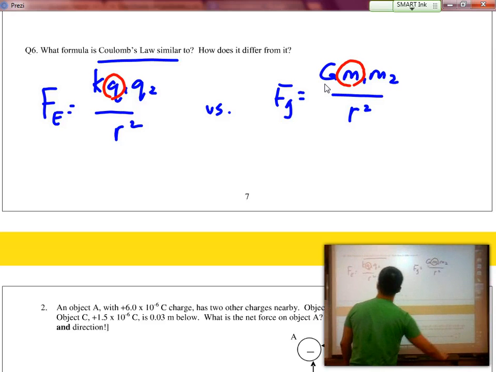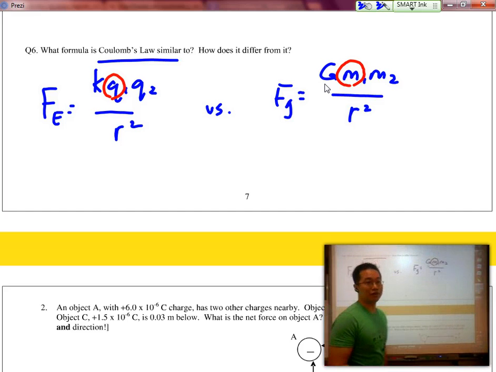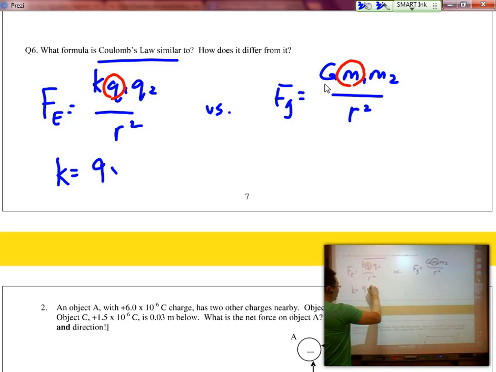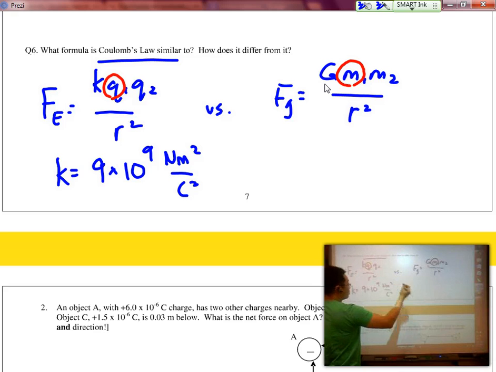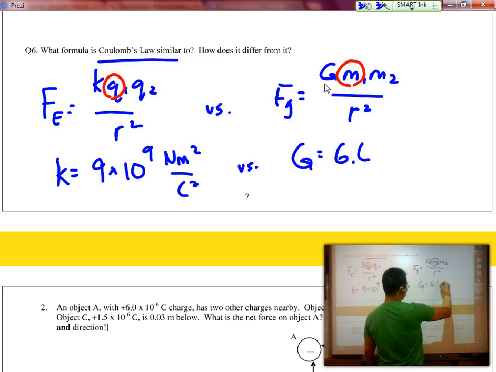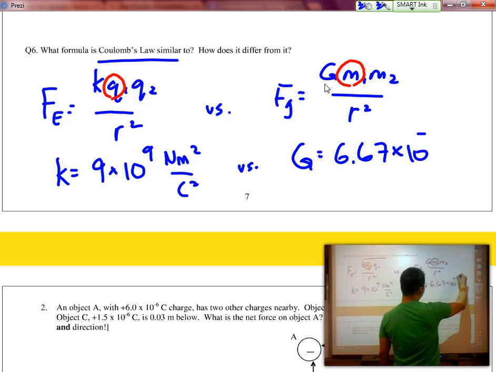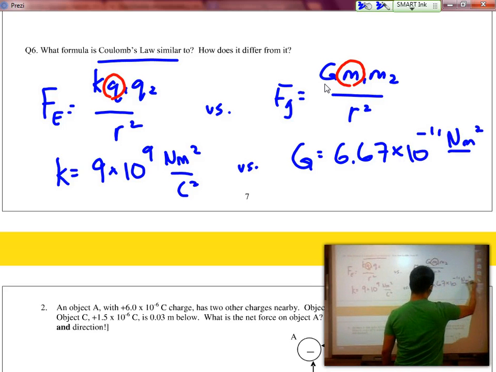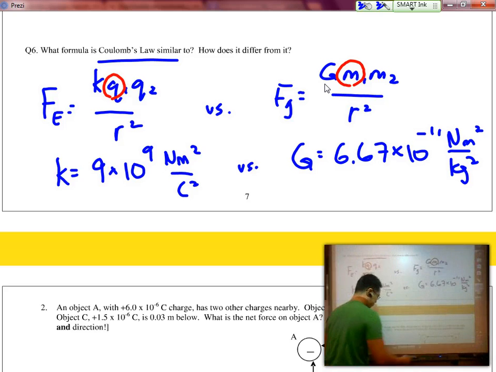But it is also important to note the difference between the values of the constants themselves. K is equal to 9 times 10 to the 9th Newton meters squared over Coulomb squared, versus the universal gravitational constant, which is equal to 6.67 times 10 to the negative 11 Newton meter squared over kilogram squared. Look at the value of the exponent.